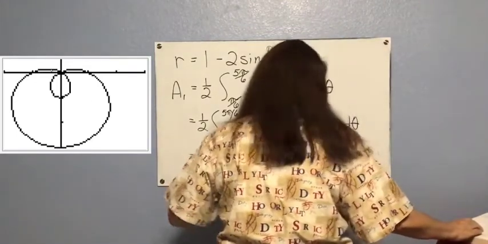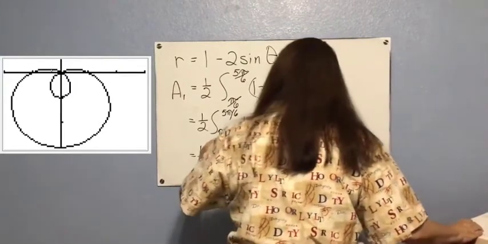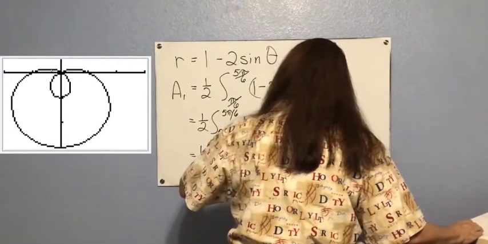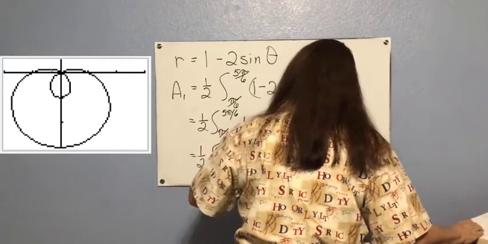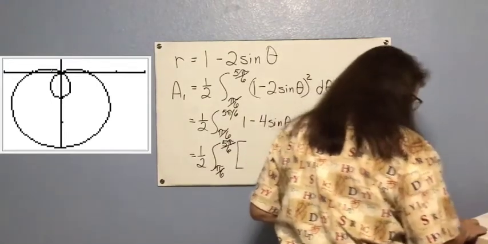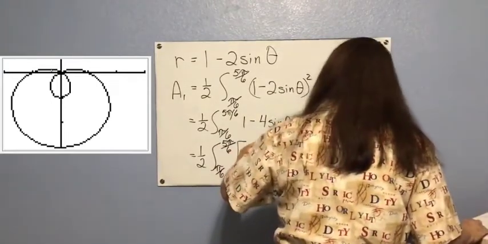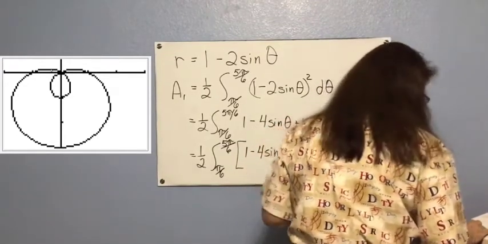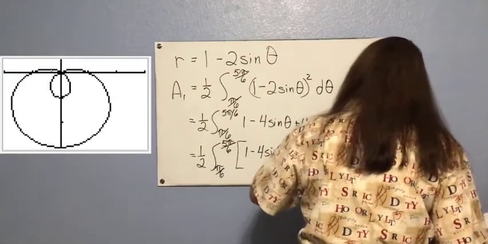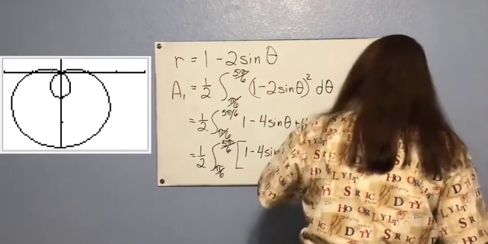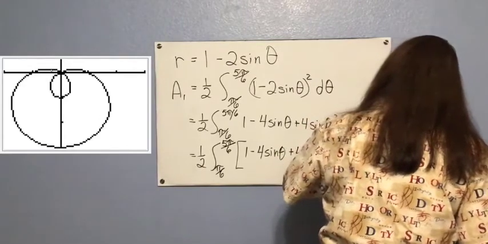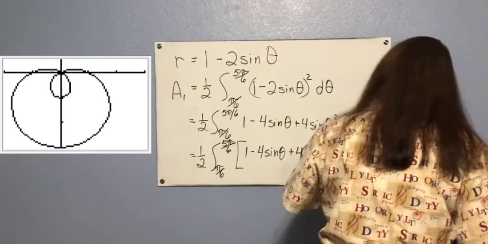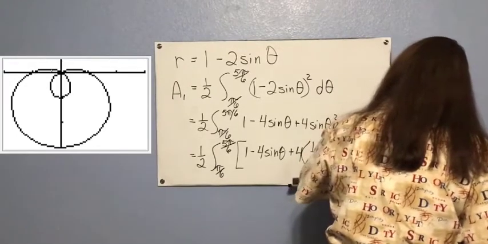Equal to 1/2 our integral (1 minus 4 sine theta plus 4 times (1 minus cosine of 2 theta) over 2) d theta.